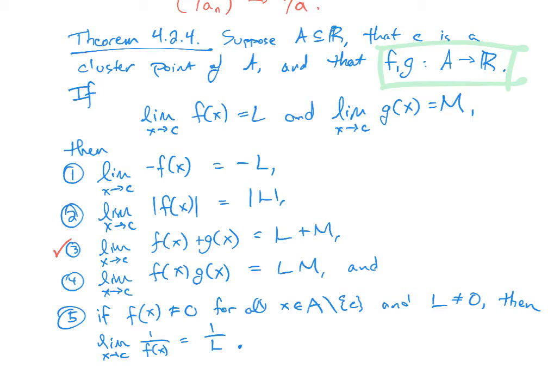So if f only had finitely many zeros, you would shrink A. And actually we could go much stronger than finitely many zeros.